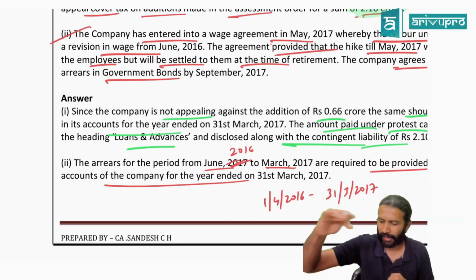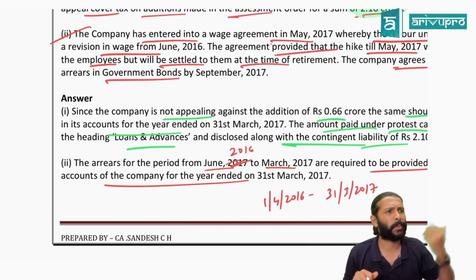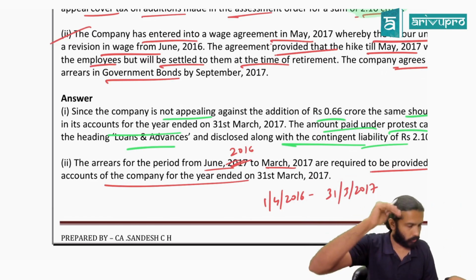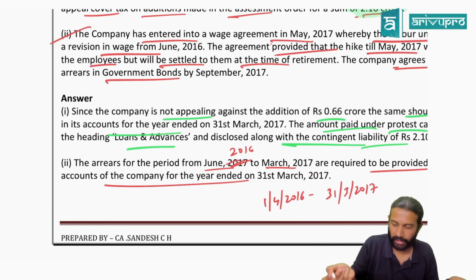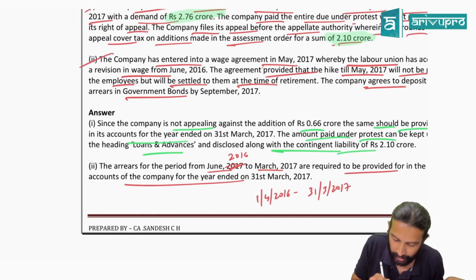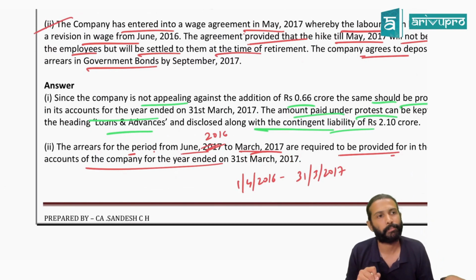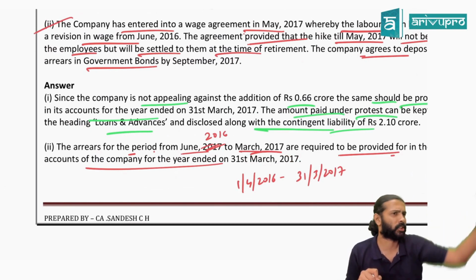Will you account the increased salary as expenditure or leave it off? Will you account that salary in the current year? You need to account for it. That is what they are saying. Arrears for the period June to March 2017 are required to be provided for in the year ended 2017. That is your salary, so book a journal entry for that.